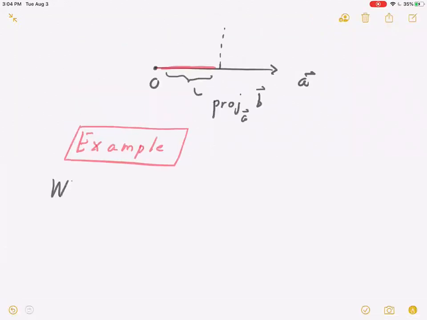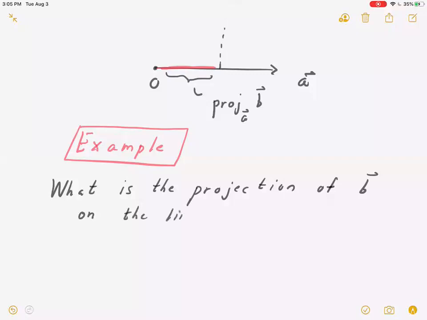So what is the projection of B on the line A?